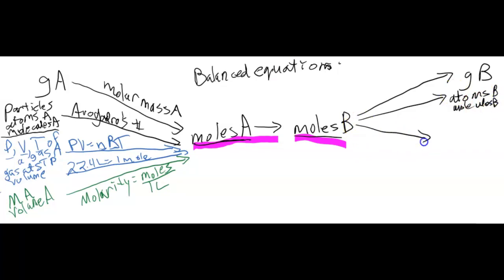We can find the pressure, the volume, the temperature of B. So we could find any of those, but you can only solve for one variable there.